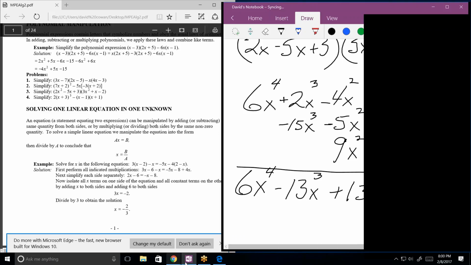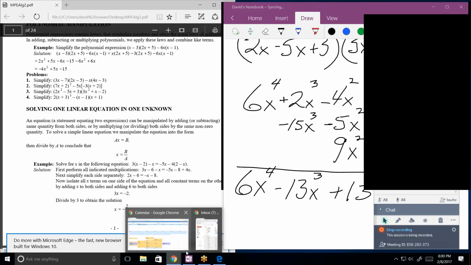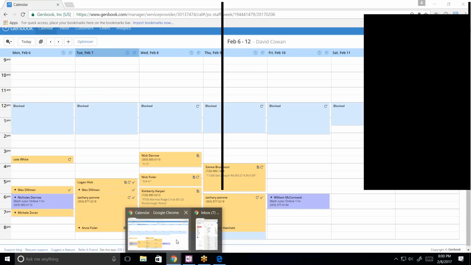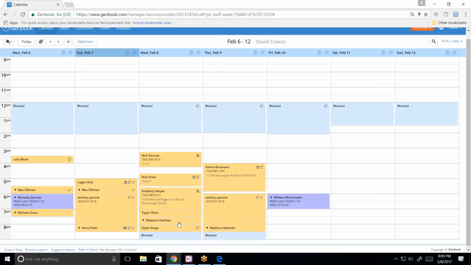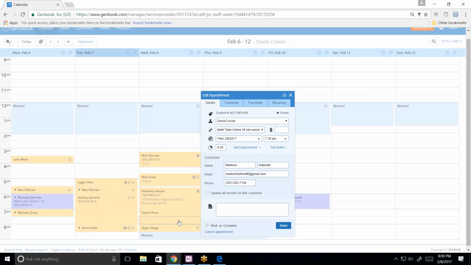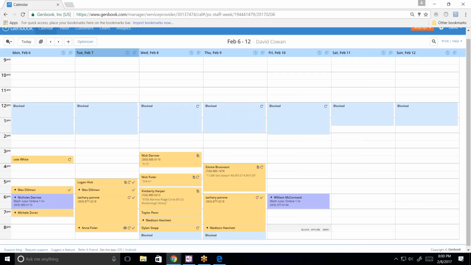Now, let me just ask. I don't think I got an email for you. Let me see. Did you leave it on here? Is this madisonhatchett6@gmail.com? Yeah. Okay. How about your dad or mom? Who should I send these invoices to? An email. Yeah, I never got either one of their emails. Give me the email that you want me to send them to.